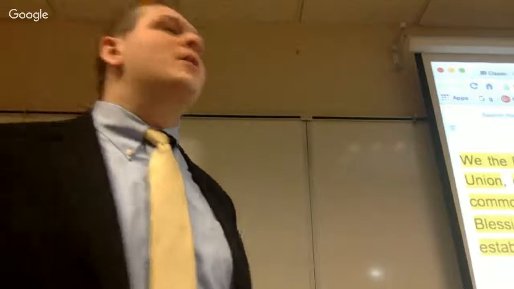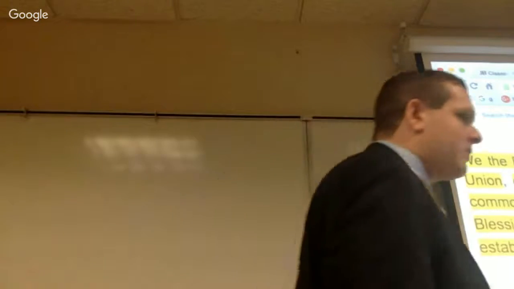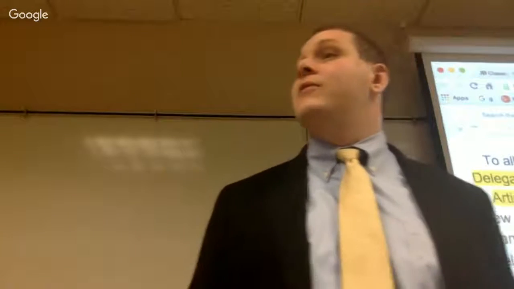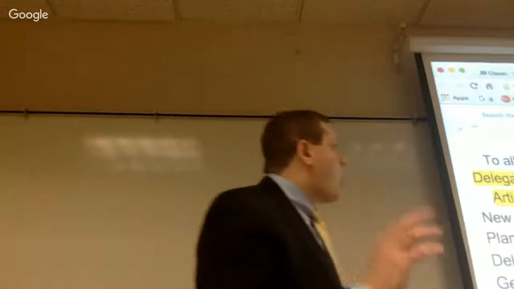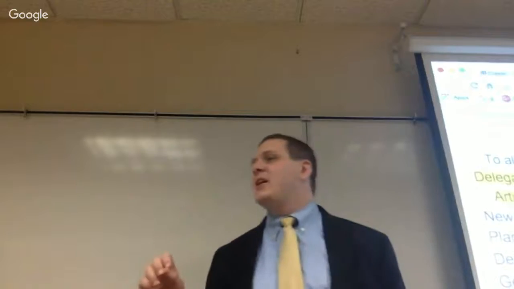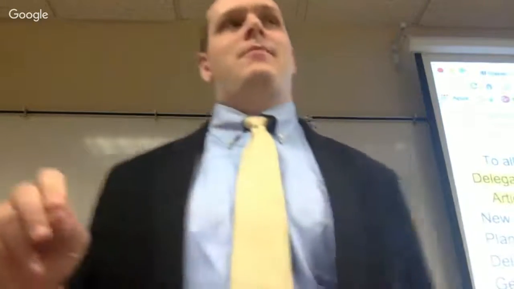So I want to start with the first 3 words of the Constitution, which I'm sure you've all read. But I want to compare the first 3 words of the Constitution with the introduction of the Articles of Confederation. So recall, the Articles of Confederation were based on the delegates of the states.